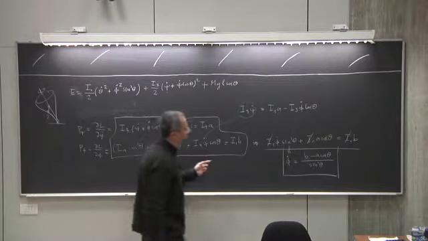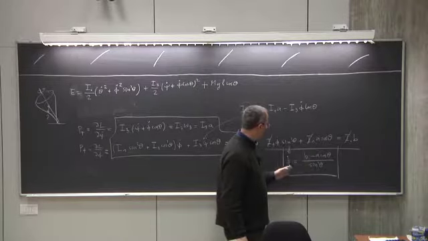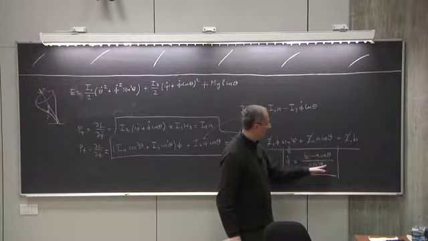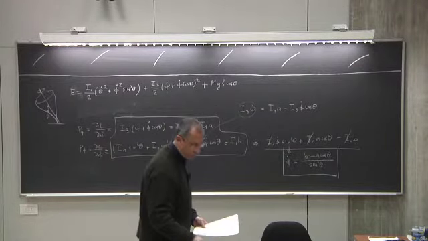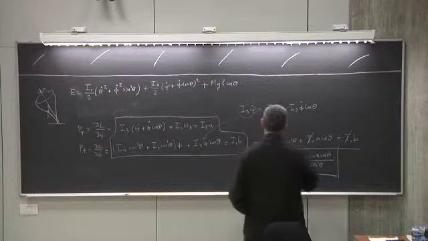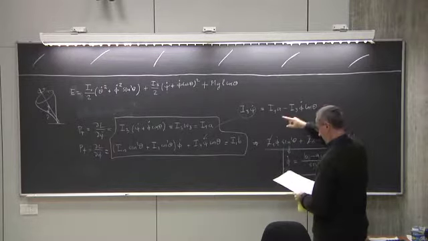So if I knew theta of t, I could integrate this and find phi of t. But of course, I don't know yet what is theta of t, because that is the solution of the problem. So I'm not there.